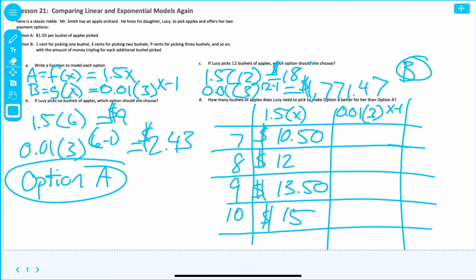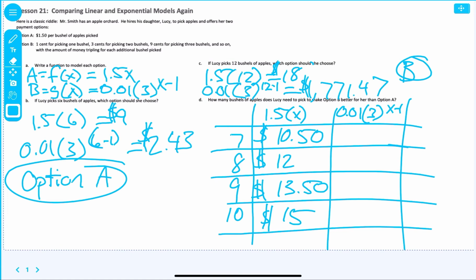Right. Okay. Now, if we plug this in over here, we would do what? 3 to the 9th times 0.01. No, that's not right. 3 to the 6th.